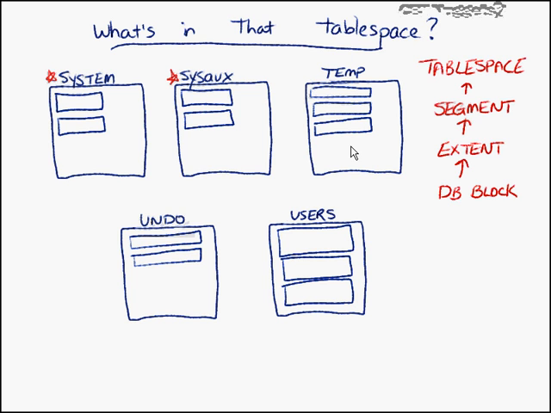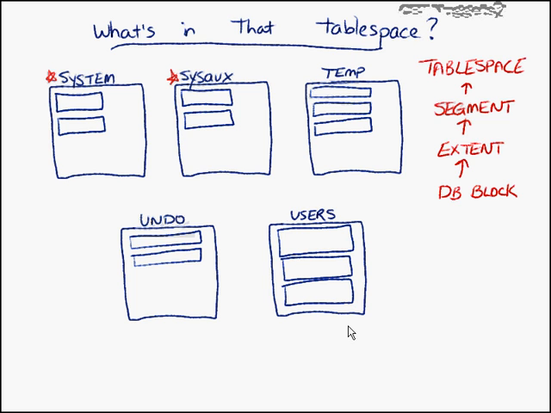You also need to have a temporary table space. That's going to be used for sorting on disk in case we run out of memory for sorting. And you're also going to have an undo table space to hold the before image of any changed data. So that's going to be used, remember, for rolling back transactions, flashback query, read consistency, and so on. Now this last table space I have here, I just called it users.